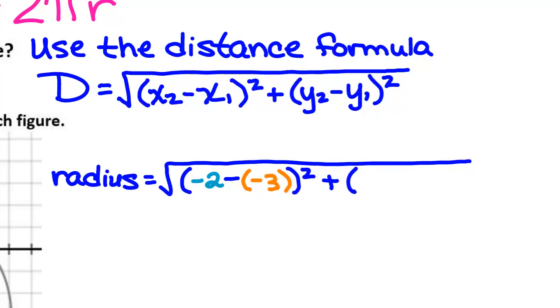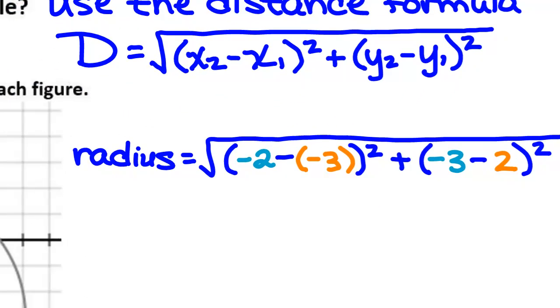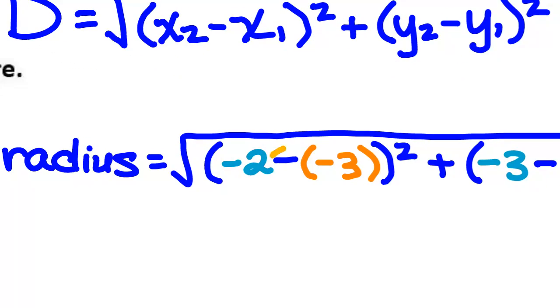Plus, and then we get a new set of parentheses. We do y2, which is -3, minus y1, which is 2. Close my parentheses and square it. Now, what happens in this first set of parentheses where we are subtracting that negative?